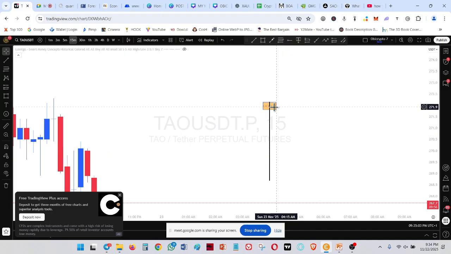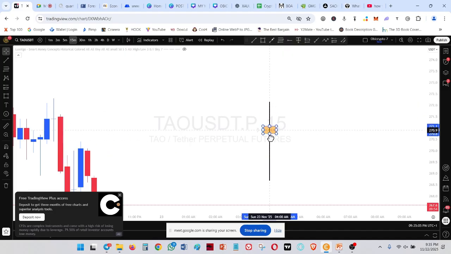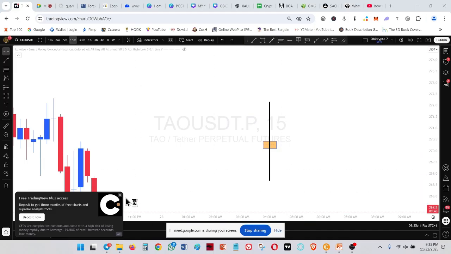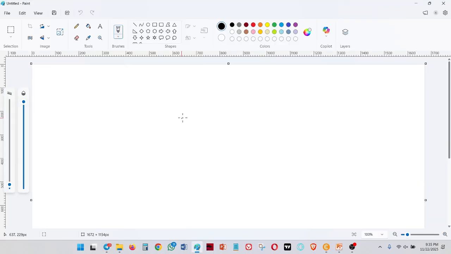But now let's discuss, how does this candle form? How does it start creating itself? Now let's go into my drawing tool so that I can do a free sketch here for you. What happens is that at the beginning of the market, the candle will open like this.